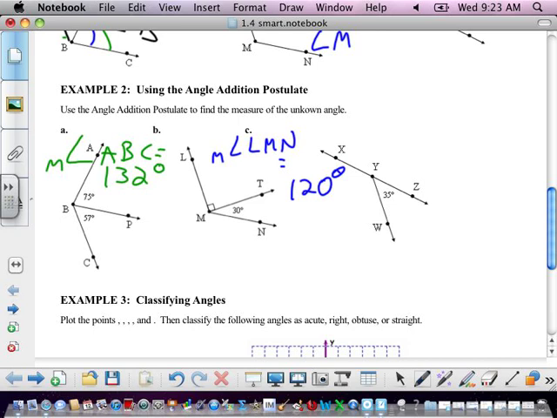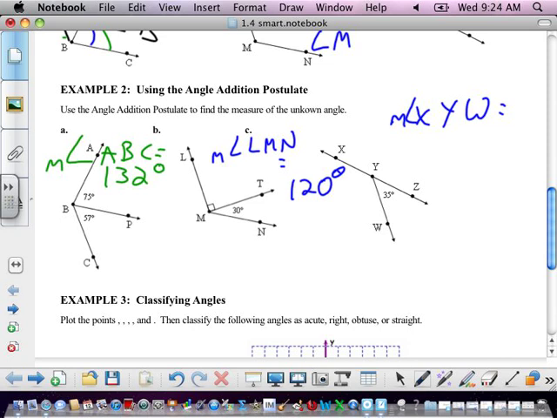XYZ is collinear. That means it's on a what? Same line. If it's all on the same line, how many degrees is that? Okay, so this whole thing is 180 degrees. I want to know what the measure of angle XYW is. How would I figure that out? I know Dana isn't the only one that knows this. How would I figure this out?